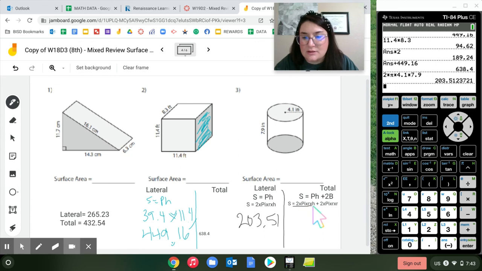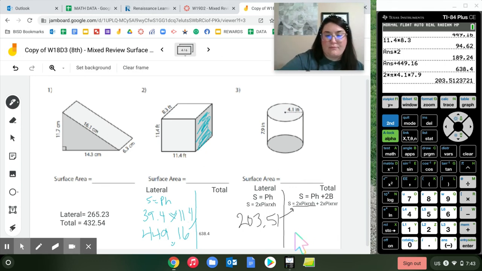Okay, just like before, that is the same as this. Plus 2 times pi times 4.1 squared.